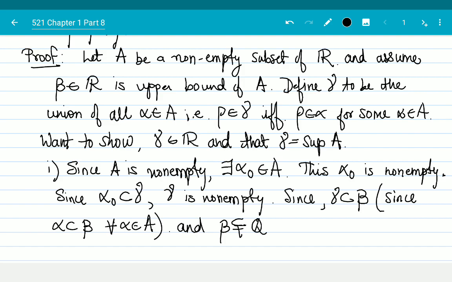As a cut, it is not equal to Q, it is a subset of Q, right? Therefore, gamma is not equal to Q.